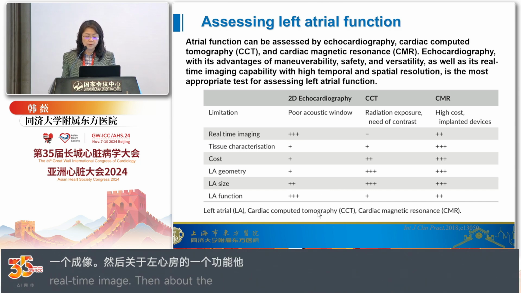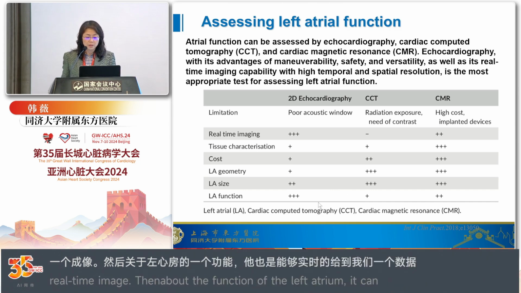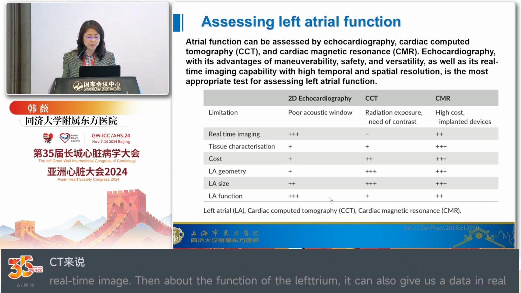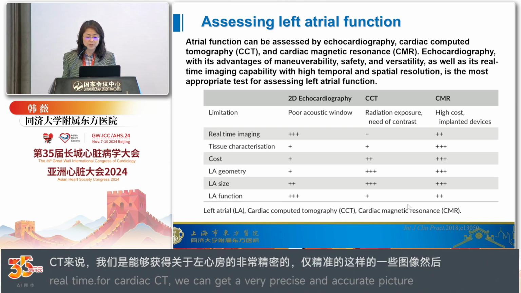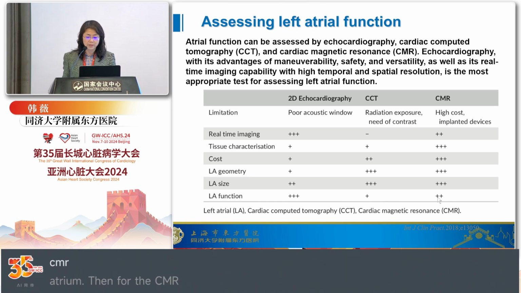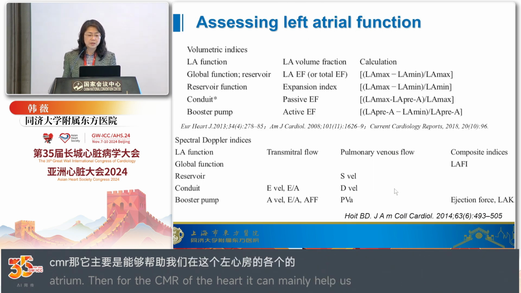For cardiac CT, we can have excellent images of left atrium geometry and size, and for cardiac MR, we also have excellent LA geometry and LA size, especially in tissue characterization.